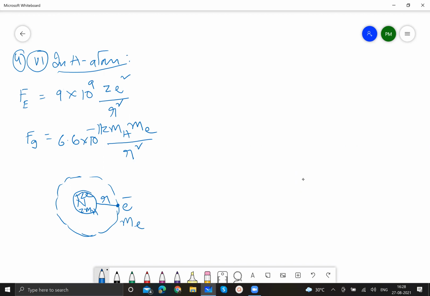So if you divide them, this Z by R square will cancel.